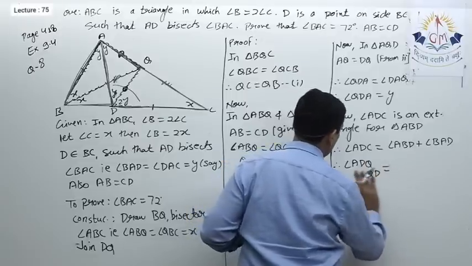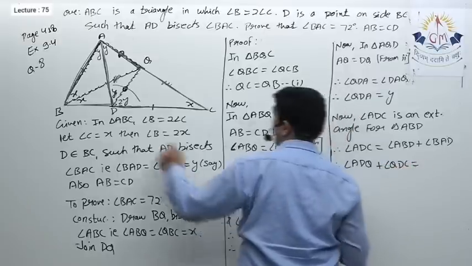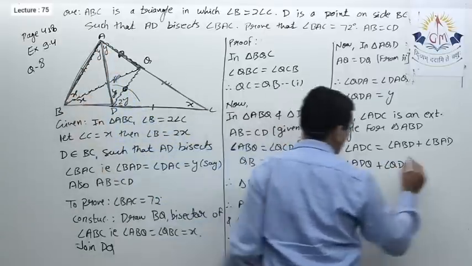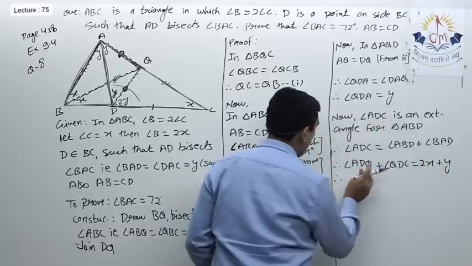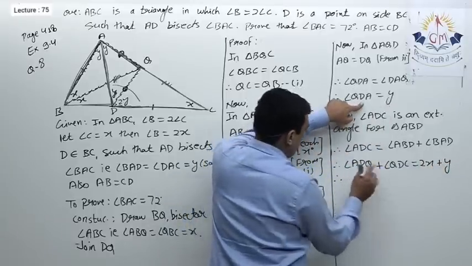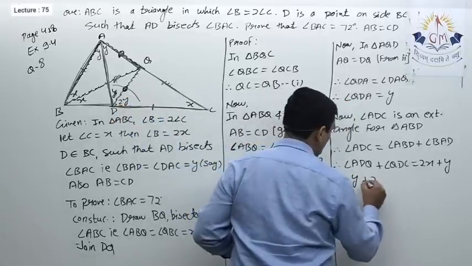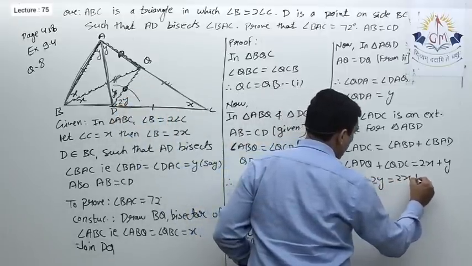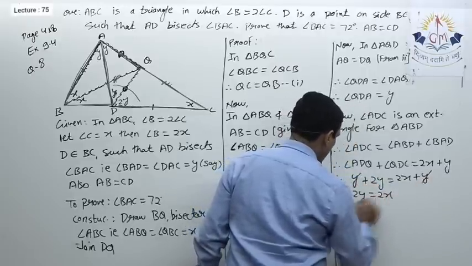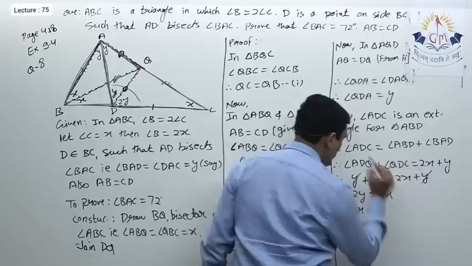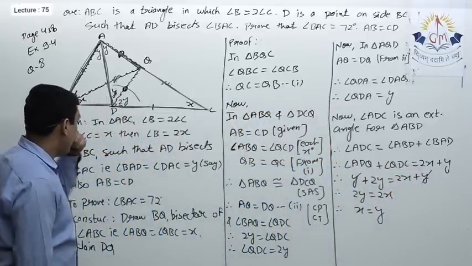Now see, ABD is equal to 2x and BAD is y, and over here angle ADQ is y, and the measure of angle QDC is 2y. So 2y is equal to 2x plus y, y and y cancel, 2y equals 2x, therefore x is equal to y. I hope you got up to this point, a little bit complicated.